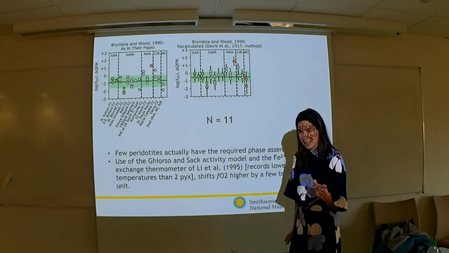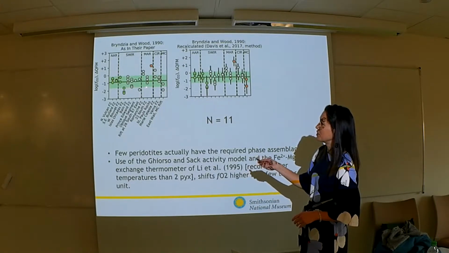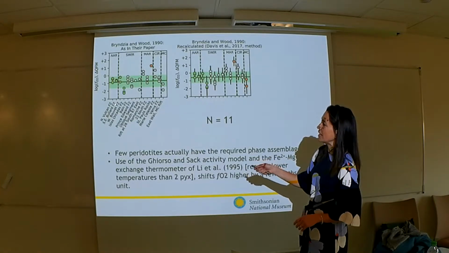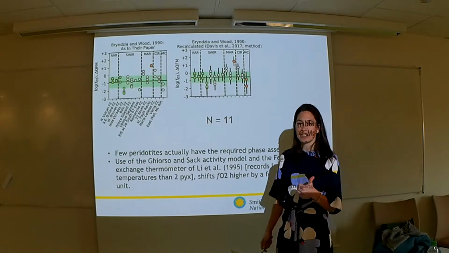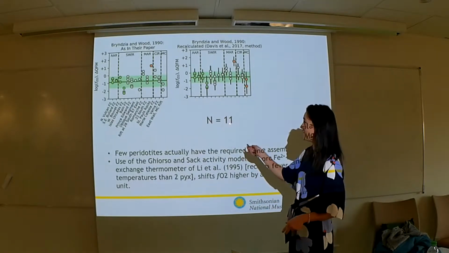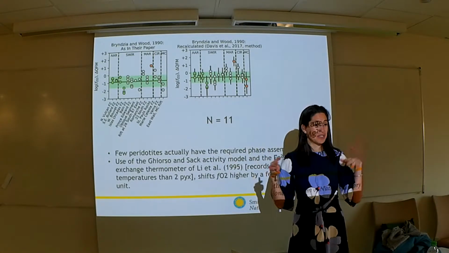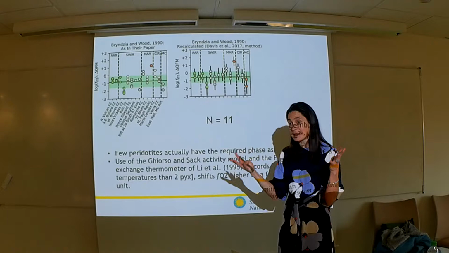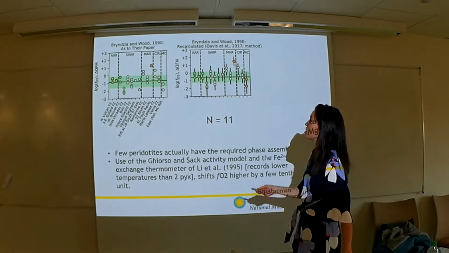The first thing we see with the Brinsian wood data is that of these 35 samples, only the ones in green from these fracture zones have olivine, orthopyroxene, and spinel. 11 of the samples. The rest, they made up the compositions, not made up, but they guessed, estimated the compositions. So we only have 11 with the required phase assemblage.